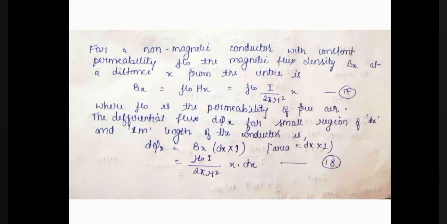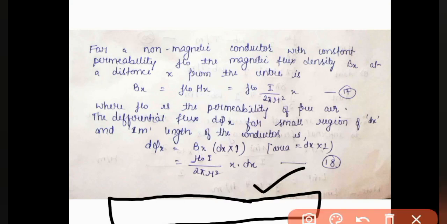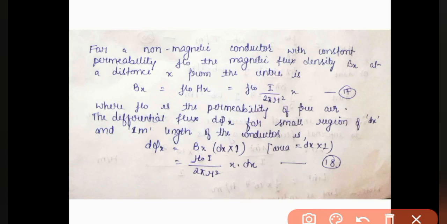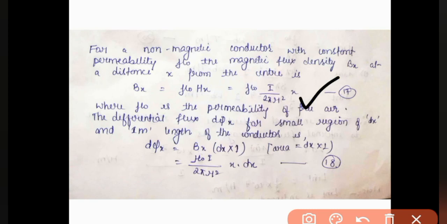It is the permeability of a conductor in free air. Okay, Bx equals this. Now here we put the value of Hx from equation number 16, we get this, equation number 17.